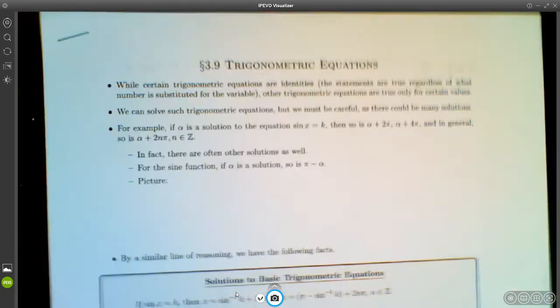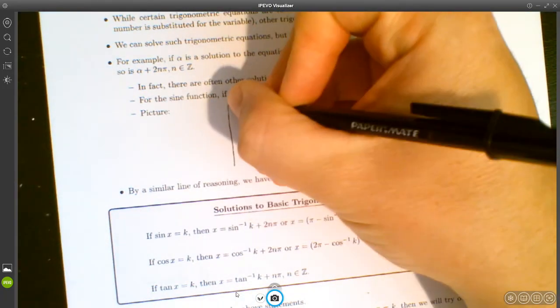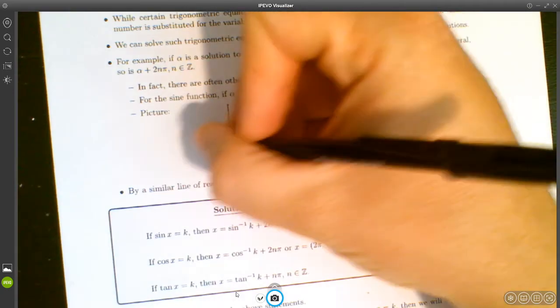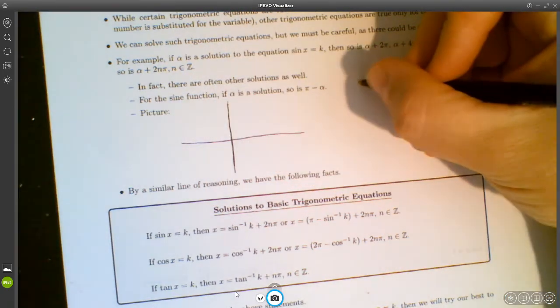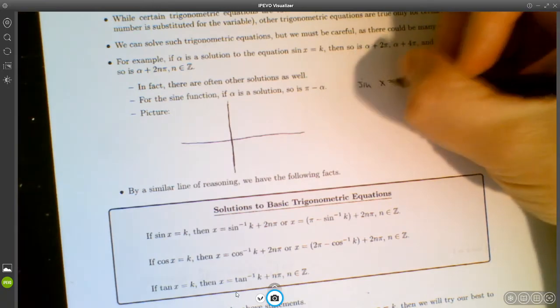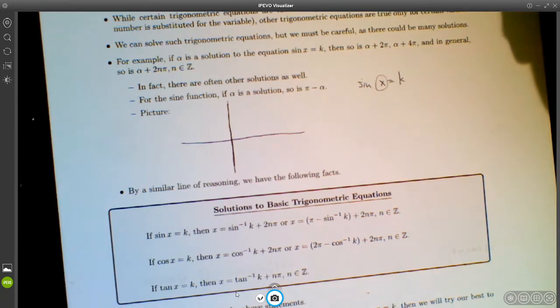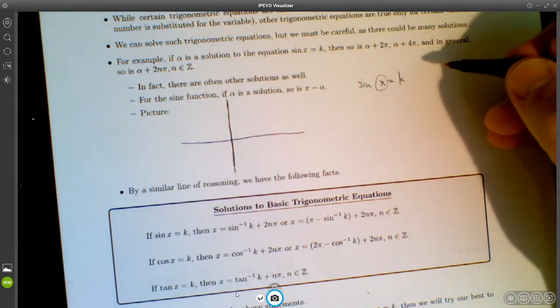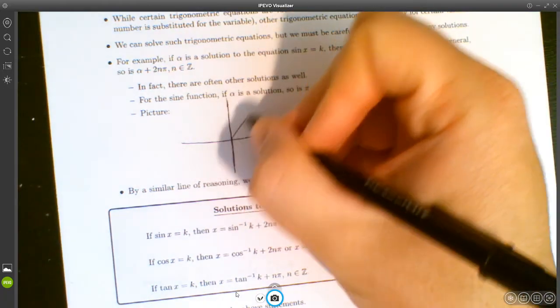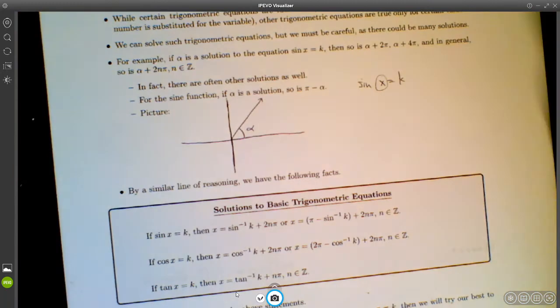And here's why. Here's a visual understanding of why this is the case. So let's say that you have this equation sine x equals k, and you're trying to find all of the angles that make this statement true. And let's say that one of the angles that makes the statement true is the angle alpha. Now, what does that mean?